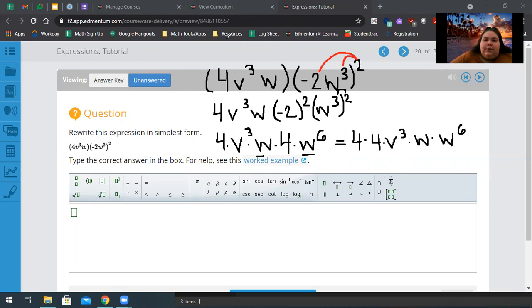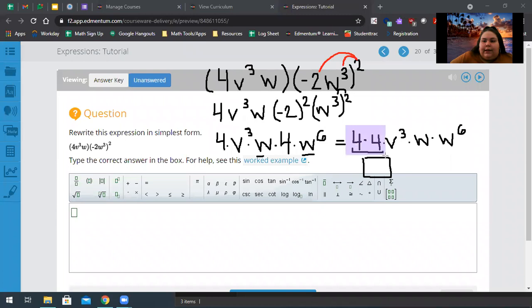So the first thing we can do, again, we break them up into little parts, right? Let's take care of these numbers first. 4 times 4 should give me what value? So I'm going to leave a box right there. And then I want you guys to go ahead and multiply it. v to the third, there's nothing that I can combine with v to the third.